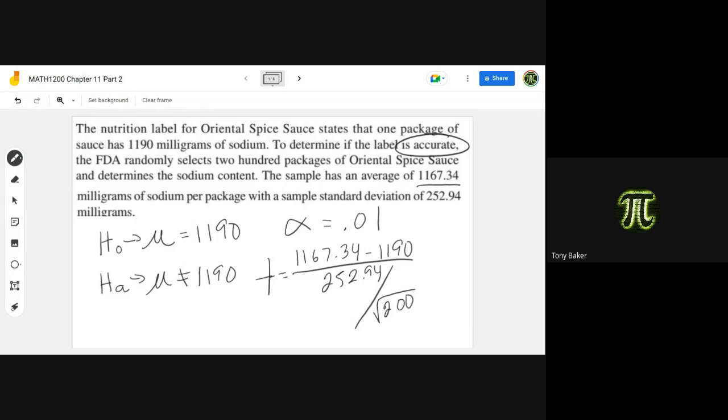So let's come up with that calculation. That's the first thing I've got to do. Sorry, that totally tossed me off. So we've got, all right, negative 1.27.